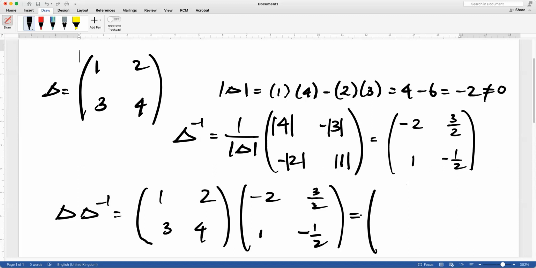Where is the mistake? Uncle, the cofactor of A will be 4, minus 3, minus 2, 1. Okay, and for getting the adjoint, we have to take the transpose, right? So it will be 4, minus 2, minus 3 and then 1.